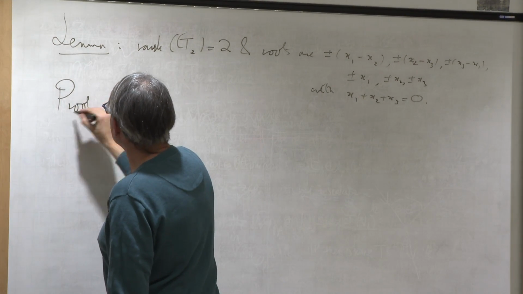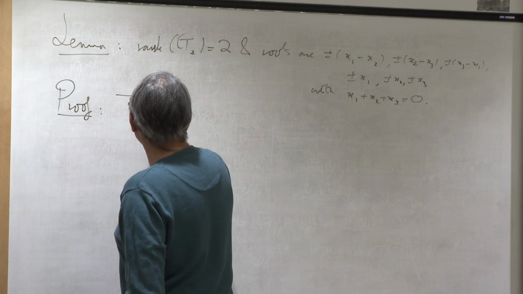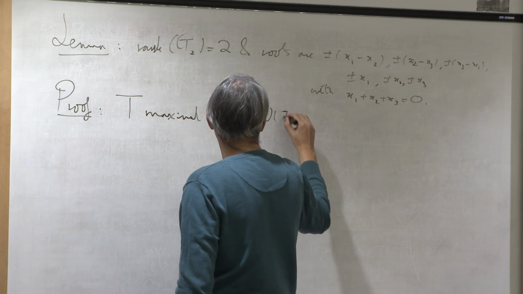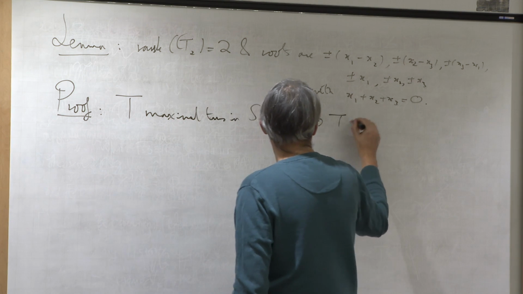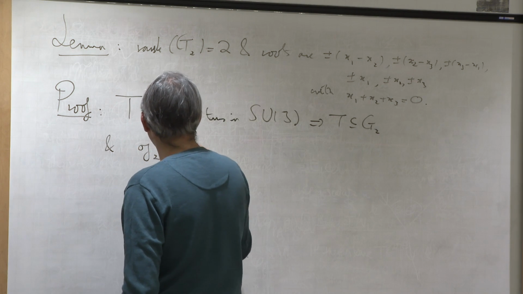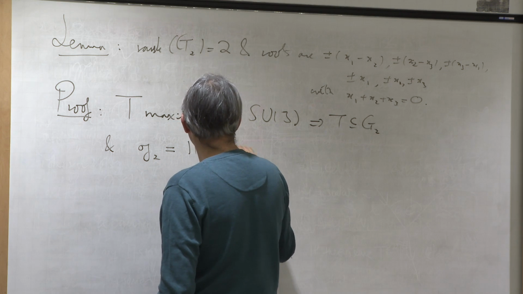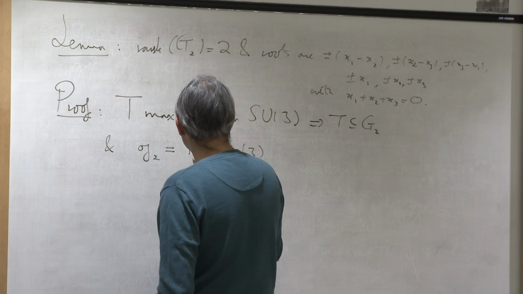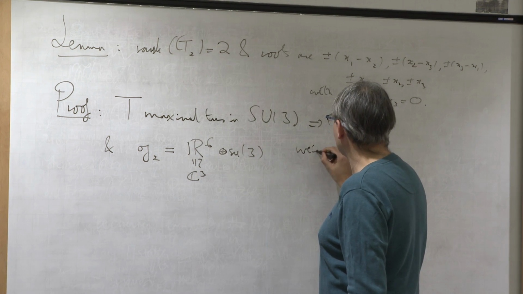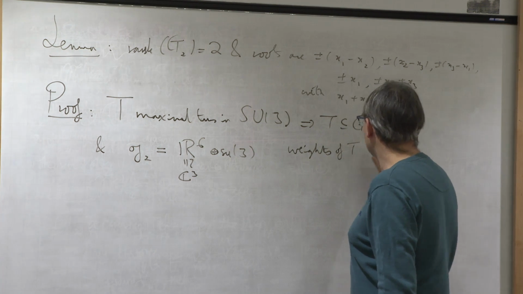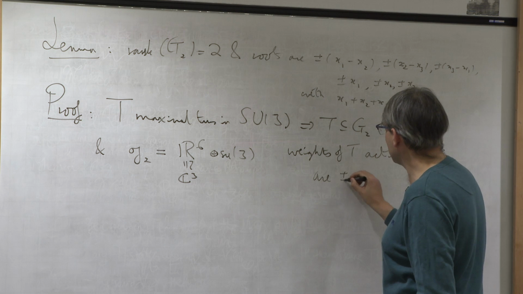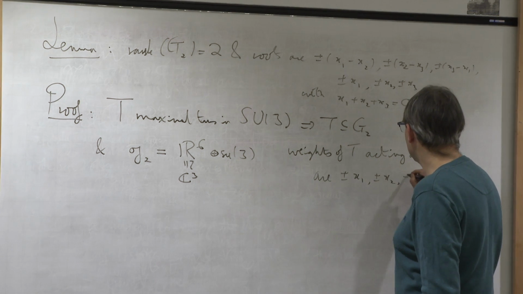The proof is just that if you take T to be the maximal torus in SU3, then T is contained in G2, and G2 splits as R6 plus little su3, and this R6 you can identify with C3, and the weights of T acting on the C3 are plus or minus x1, plus or minus x2, plus or minus x3.